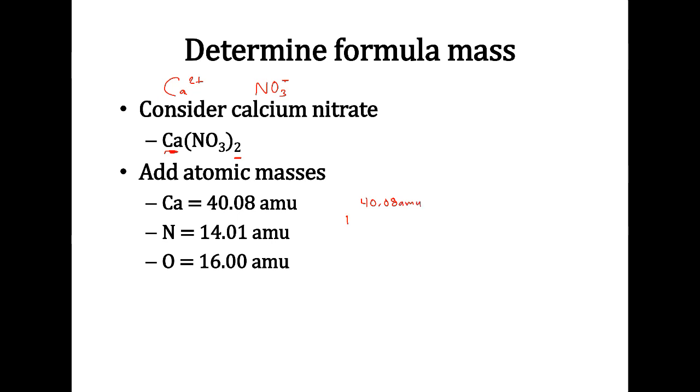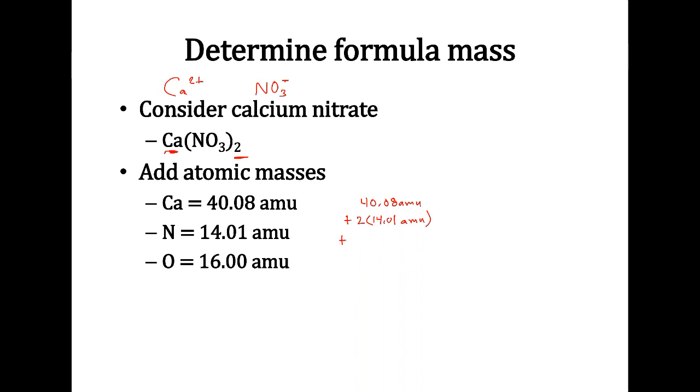plus, how many nitrogen atoms do we have? Well, there's 1 per nitrate subunit, but then this 2 up here tells us that there are 2 of the nitrate, so we'll take 2 times 14.01 AMU plus how many oxygens do we have?